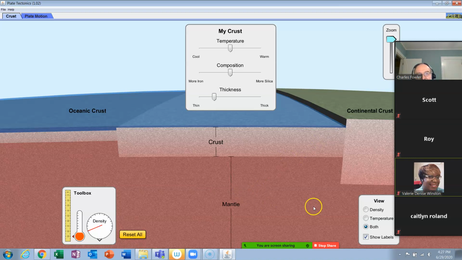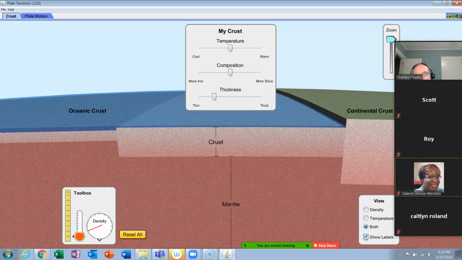Oh, okay. So here was the lower right corner, view, both, and show labels. Okay, let me take you back. See, before I did show labels, you didn't see the various things there. We're going to do density and temperature, so we did both, and I also want to show the labels.